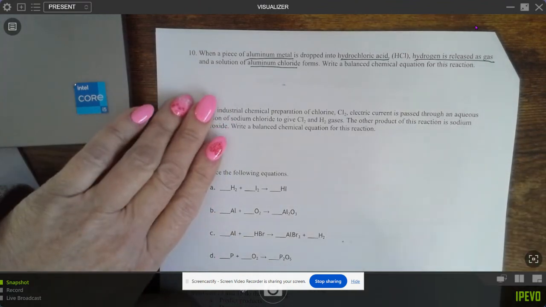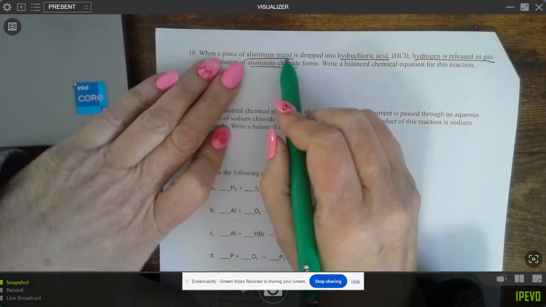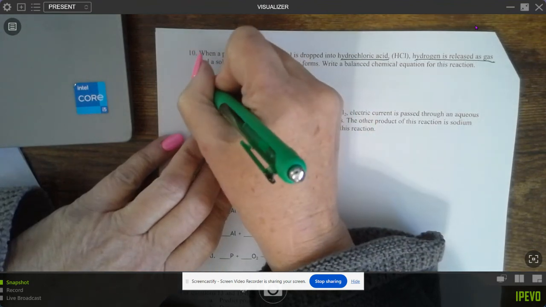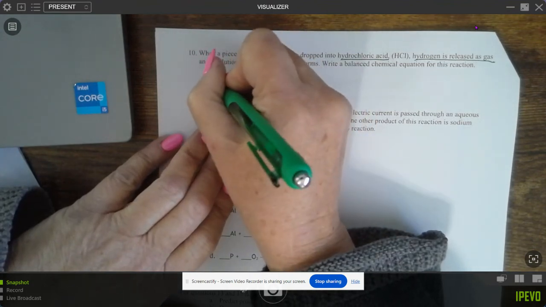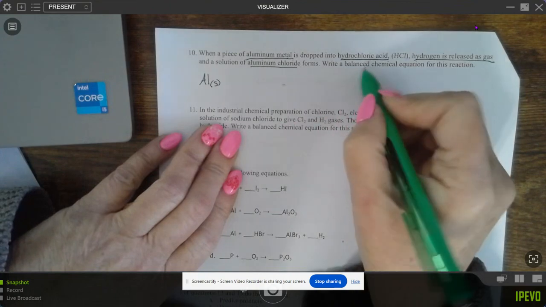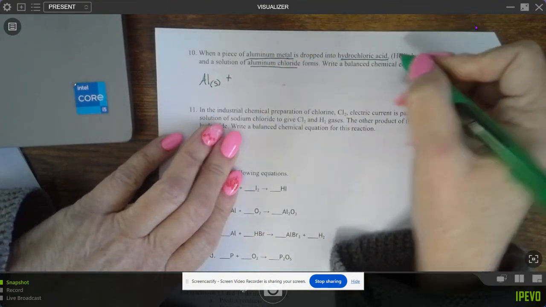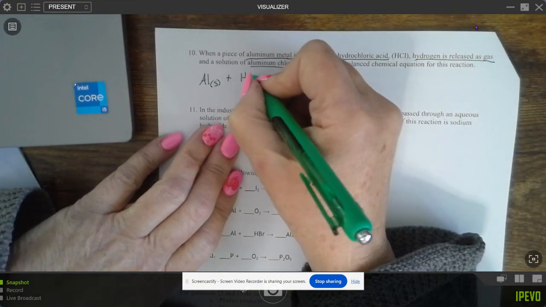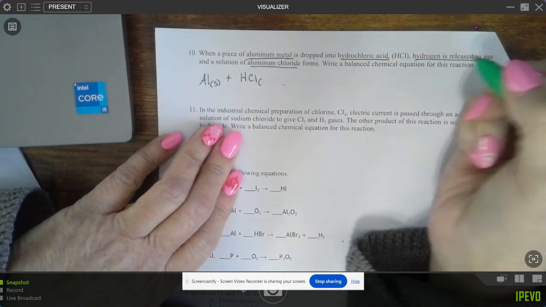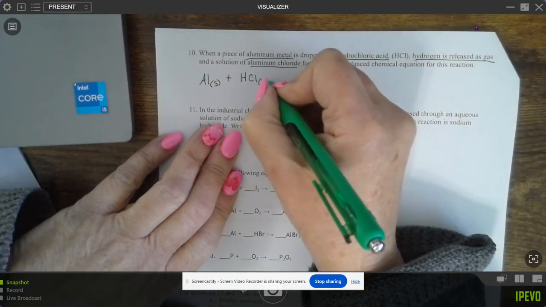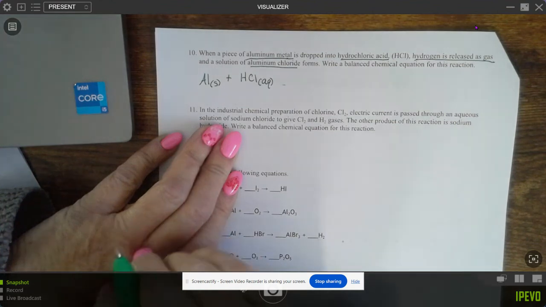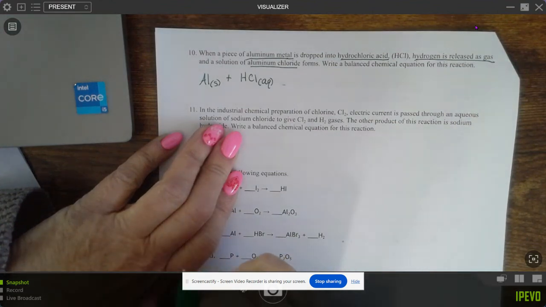Okay, so aluminum metal is just going to be Al, solid, plus hydrochloric acid, and I give you the formula for hydrochloric acid, which is HCl. It doesn't tell you, but that would be aqueous. If I don't tell you, ask me and I will tell you, okay?